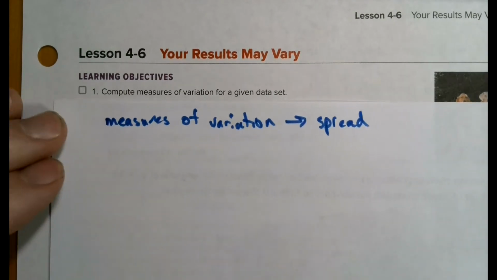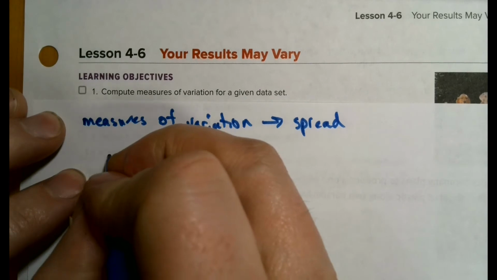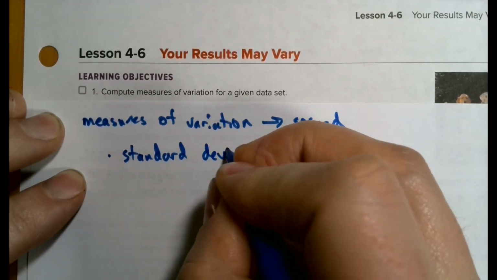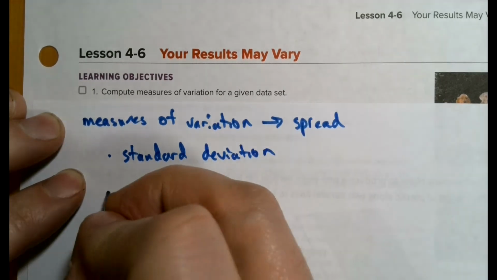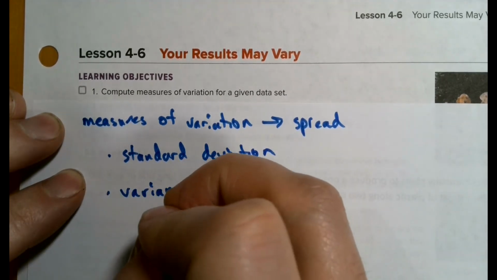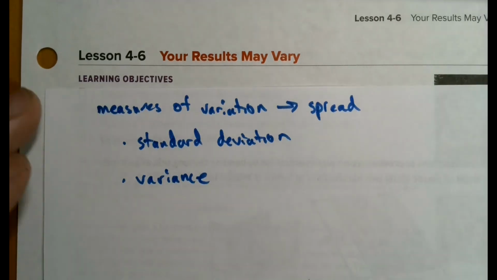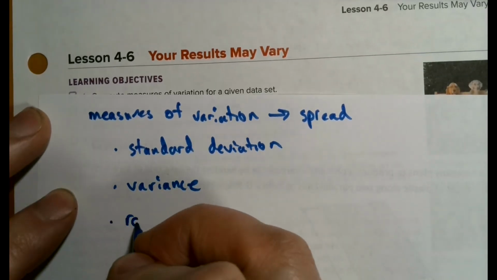We're going to look at four measures. One of them is standard deviation, which is kind of an annoying calculation. The other is variance, and these two are very closely connected. We're also going to look at range.